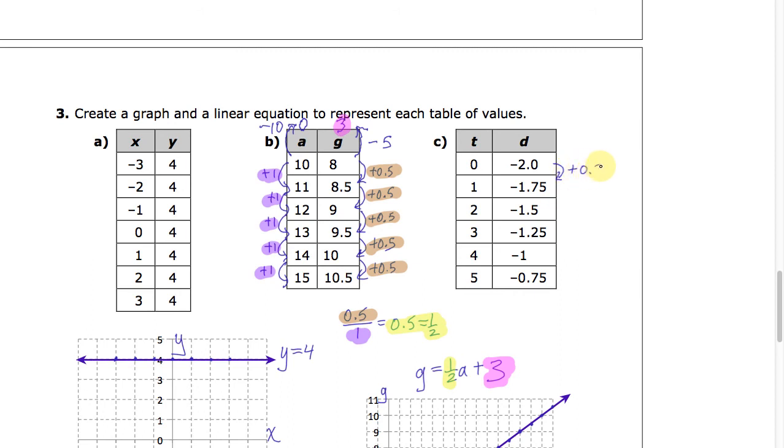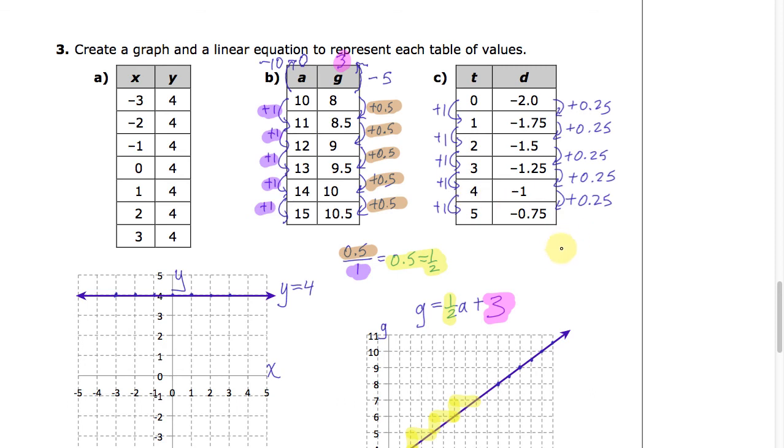So we're going up by 1/4 each time here, going up by 0.25 in d, while t is just going up by 1 each time. And lucky for us, in this table we can see what the d value is when t is 0. That's -2. So you can use both of these facts to come up with our equation.